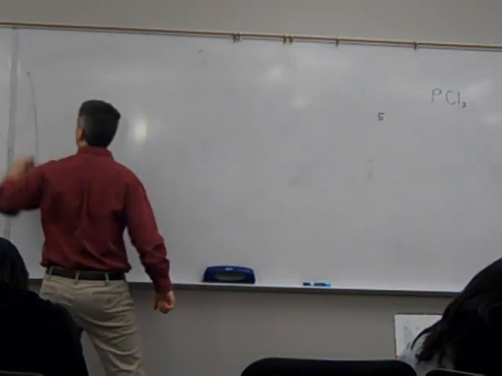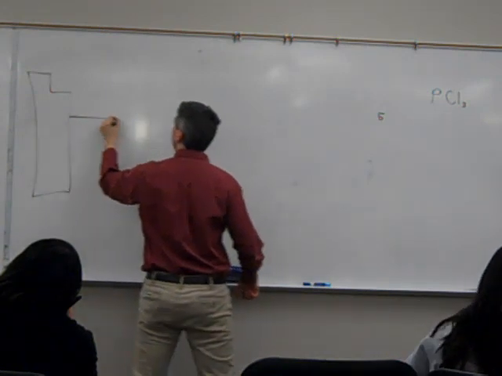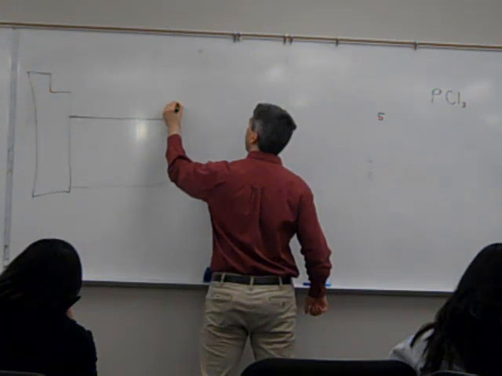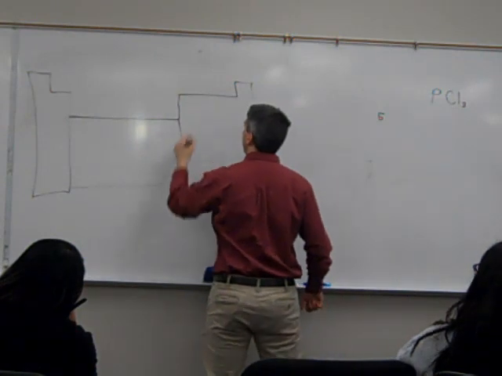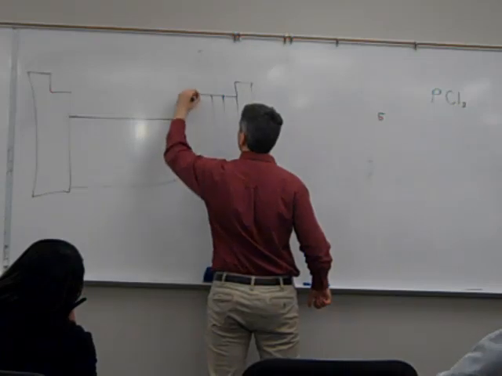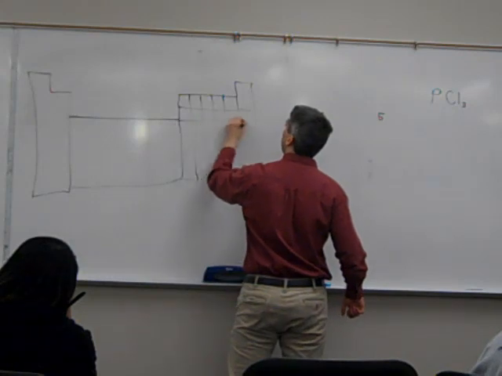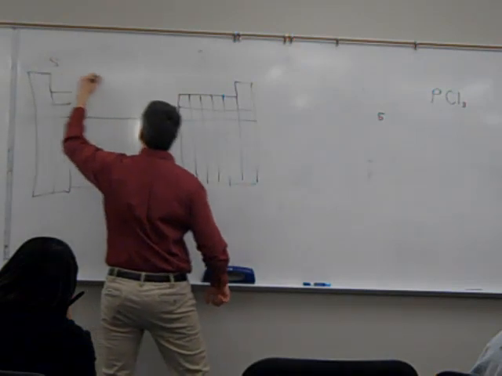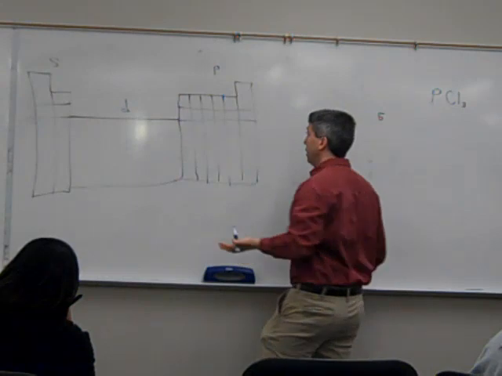If I was to draw a periodic table, your S block and your P block, here's your S, here's your P. We don't care about the D block because they don't have valence electrons.